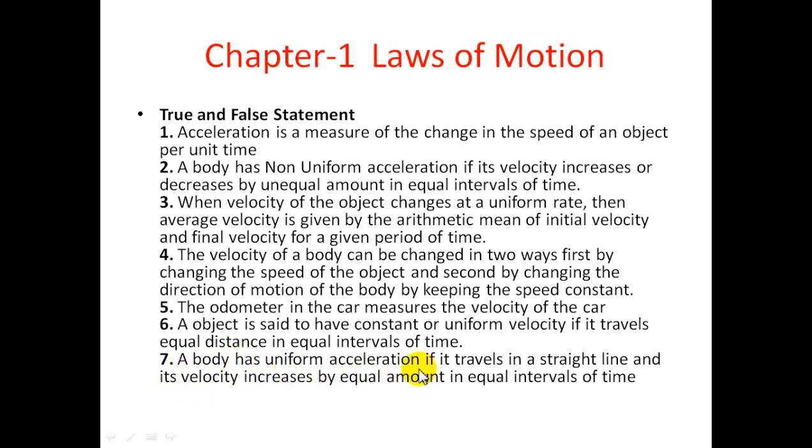A body has uniform acceleration if it travels in a straight line and its velocity increases by equal amounts in equal intervals of time. I have given you a graph related to this sentence, showing what type of graph we get when a body moves with uniform acceleration.